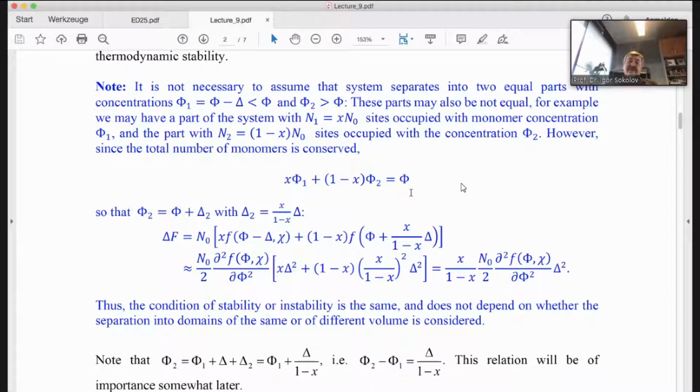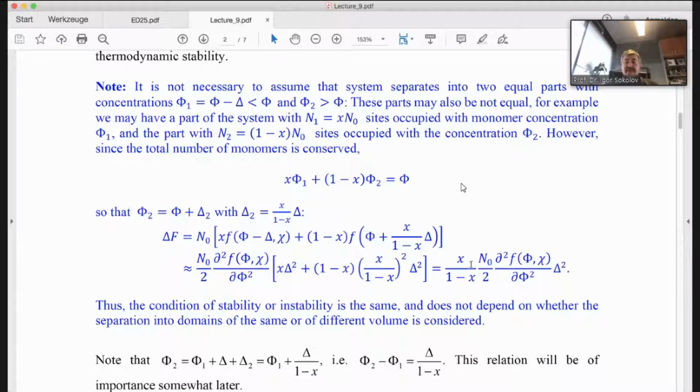And this gives me automatically the fact that the deltas, the differences in concentration in the two phases, are connected with each other. And now if I assume that the system phase separates into two different volumes, I get here this expression, but this expression gives me exactly the same condition for necessity of the phase separation.